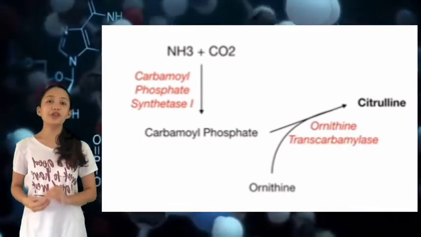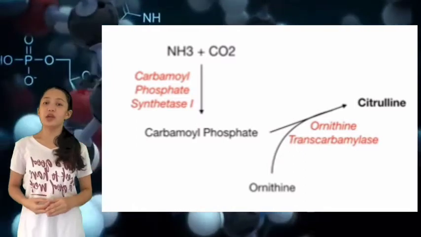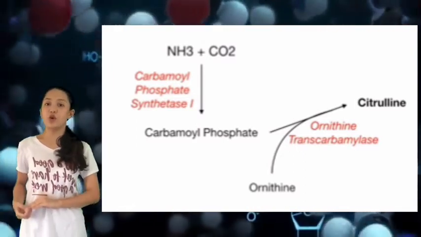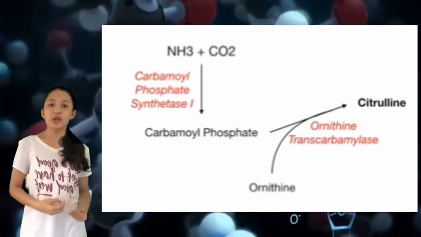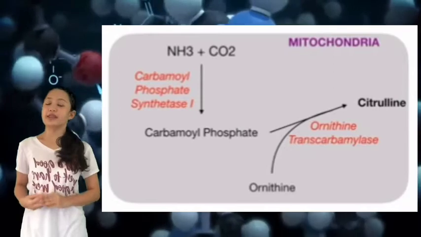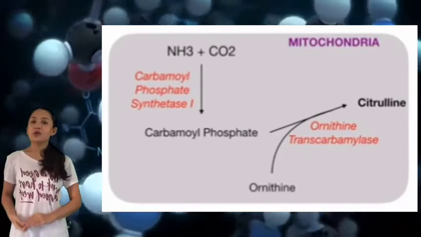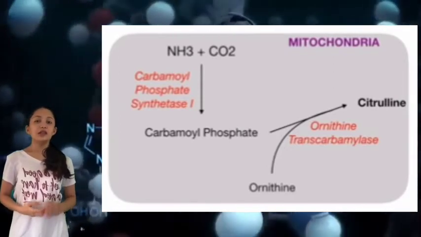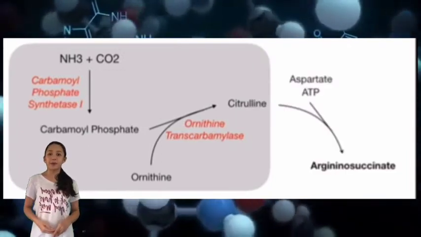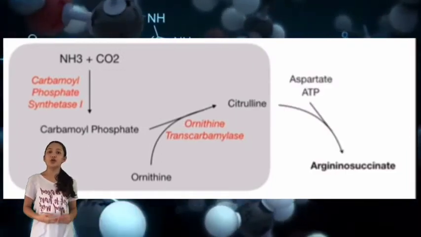Remember, everything you see here is not only occurring in the liver, but specifically it occurs in the mitochondria, and the rest of the urea cycle will occur in the cytoplasm. So now that we formed citrulline, the citrulline will now combine with aspartate and ATP to form argininosuccinate.